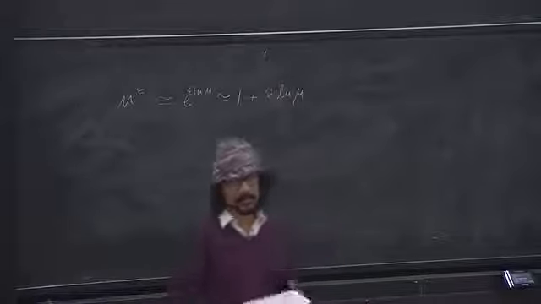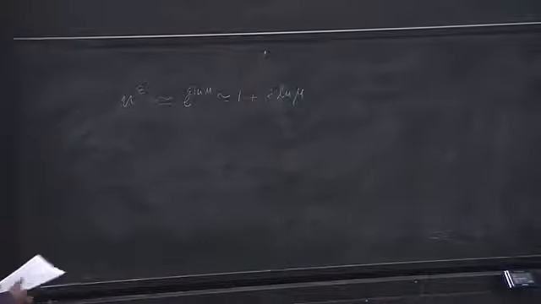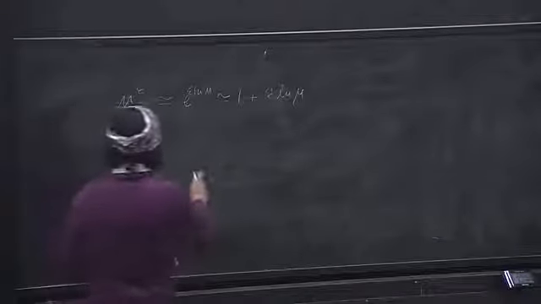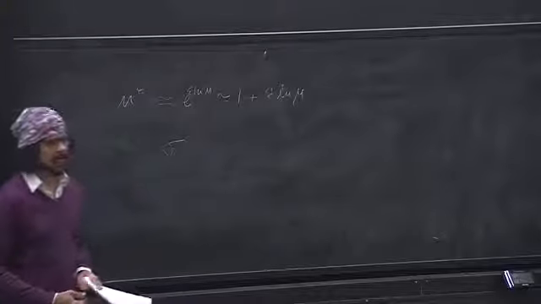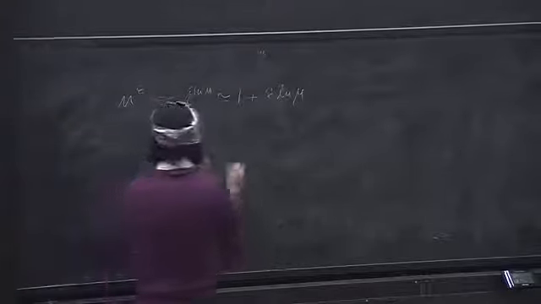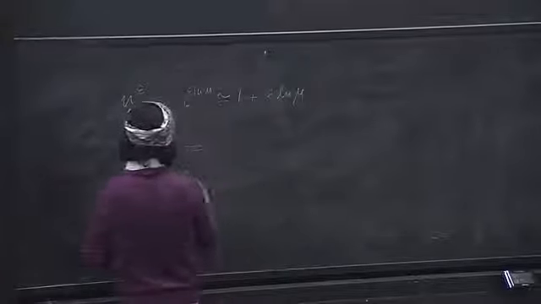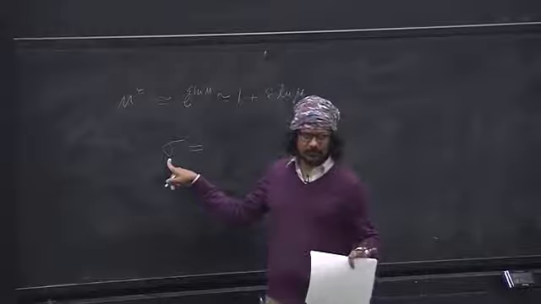At the end of the day, we'll be computing some cross sections. In principle, you would be computing that to all orders in perturbation theory. But of course, we cannot do that. And this should be independent of any mu.